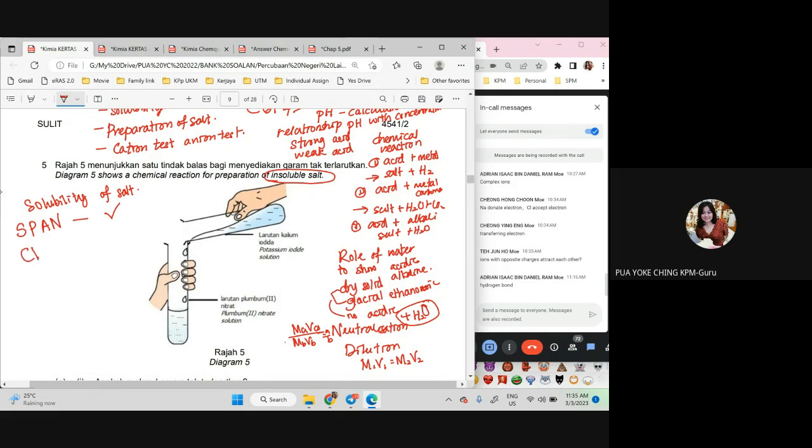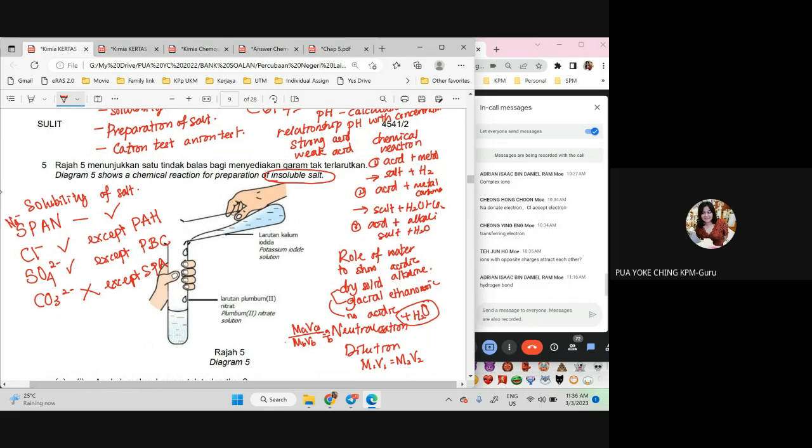Kalau saya ada Cl minus, semua soluble except PAH. Kalau saya ada SO4 2 minus, semua soluble kecuali PBC. Kalau saya ada CO3 2 minus, semua insoluble kecuali SPA.